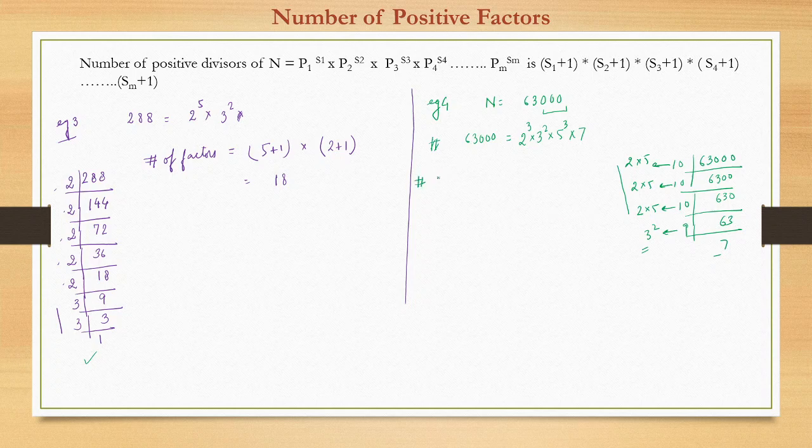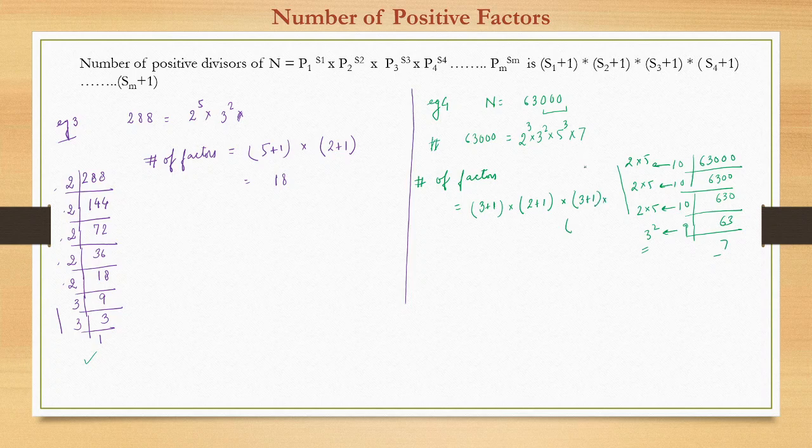Now, the number of factors would be how much? In case of 2, we have 3 plus 1, 4 options. In case of prime number 3, we have 2 plus 1, 3 options. In case of prime number 5, we have 3 plus 1, 4 options.